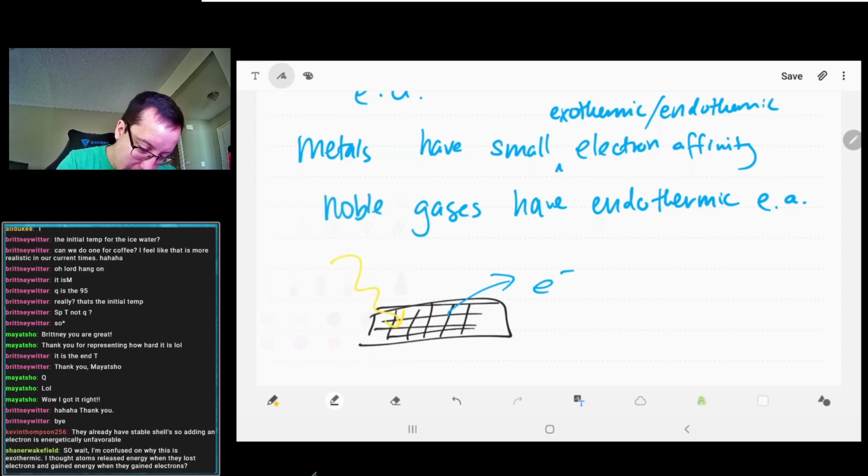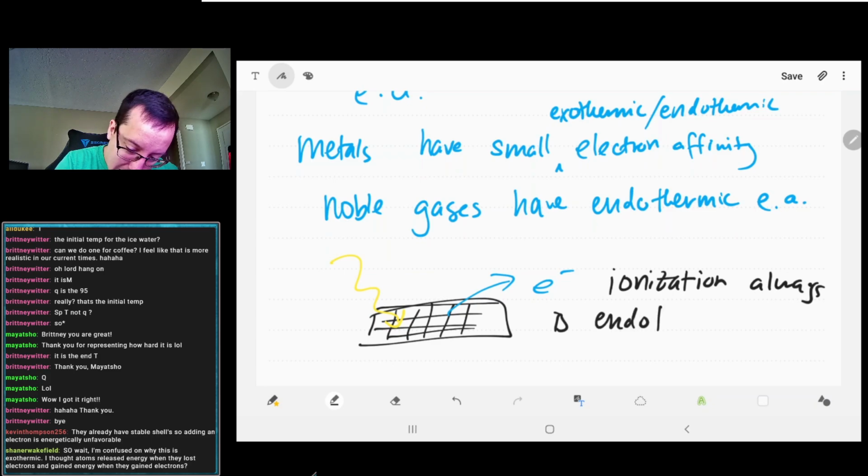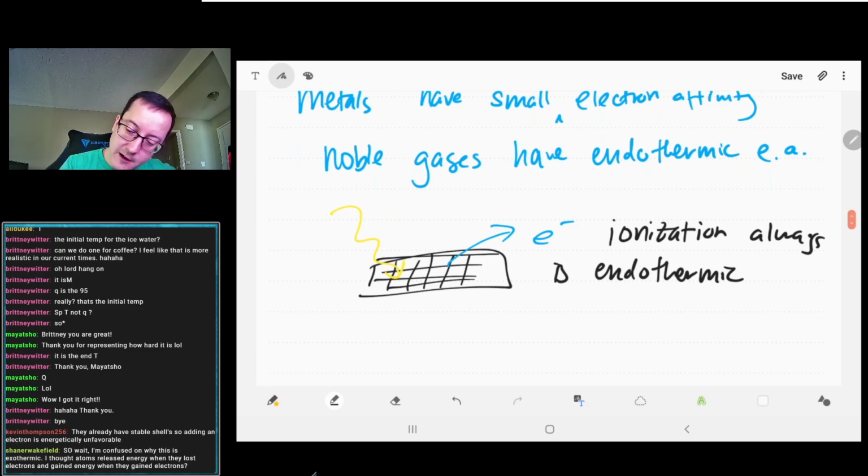Ionization always is endothermic. Let's redo that. So we always have to put in energy to blast out an electron.